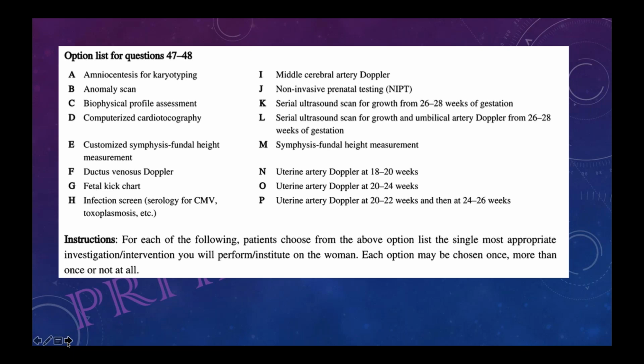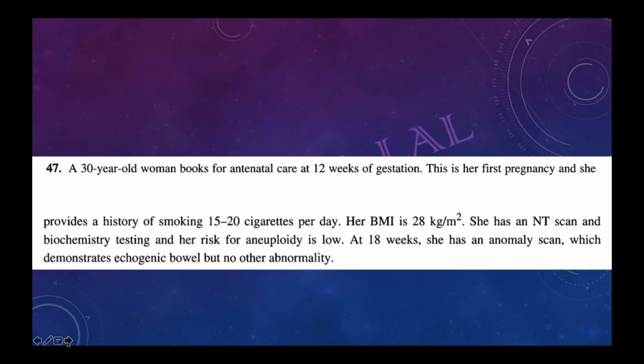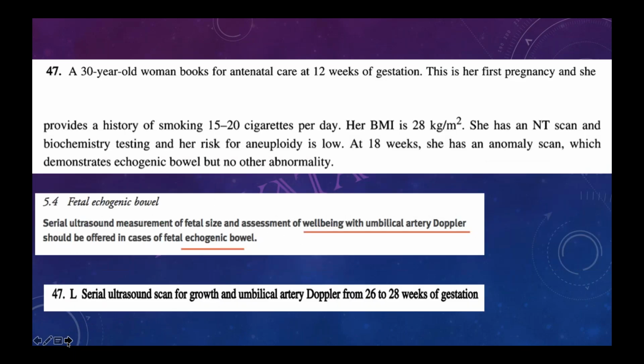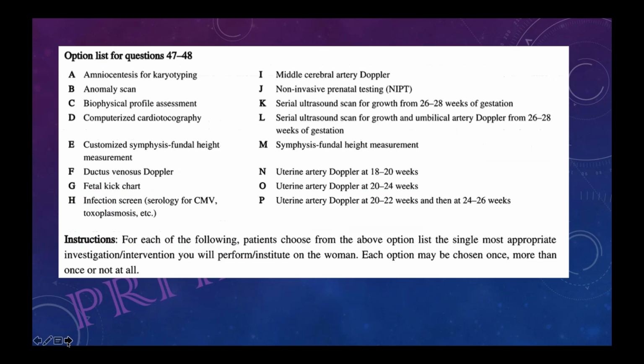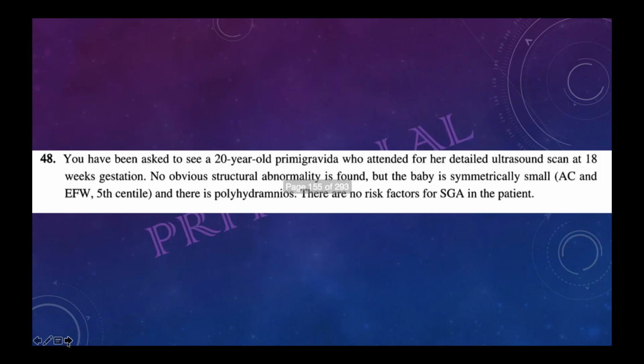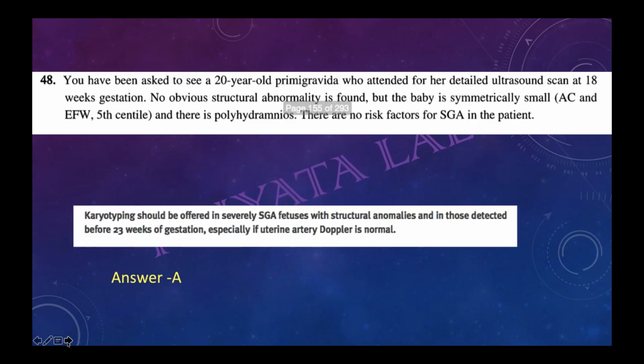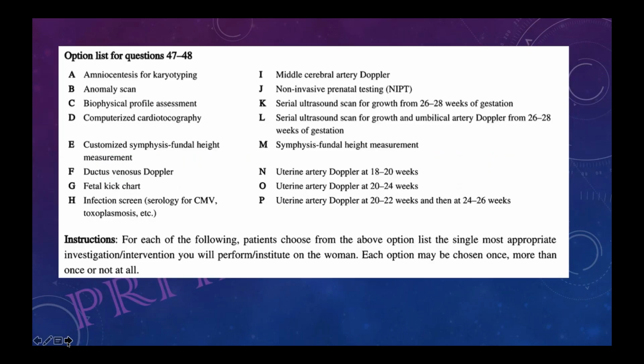L, major risk pathway. Karyotyping. Yes. So the answer is amniocentesis for karyotyping.